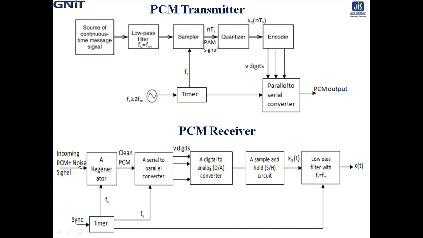In the PCM receiver, the input signal is the incoming PCM signal plus noise signal. First it goes to the regenerator or repeater, where the noise part is rejected and we get a clean, noise-free PCM signal.